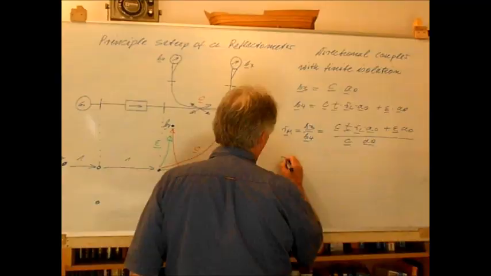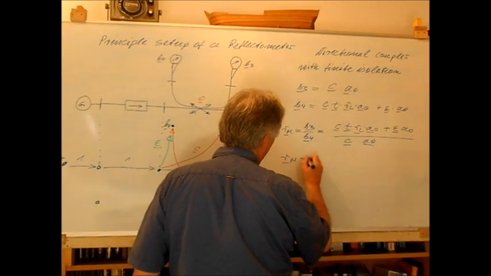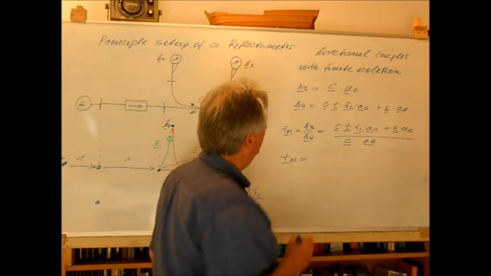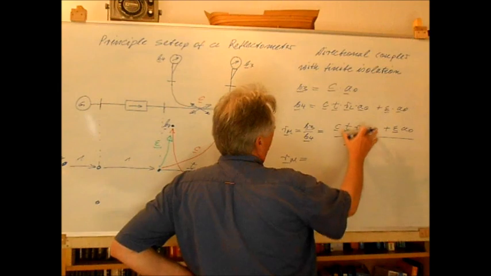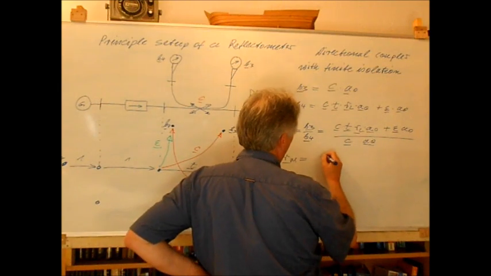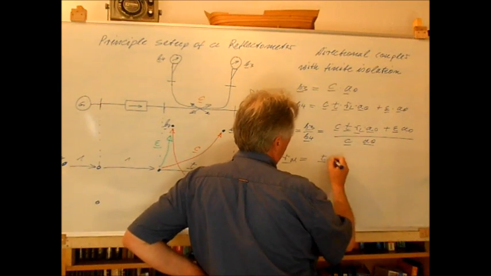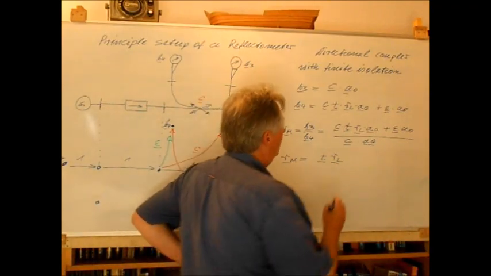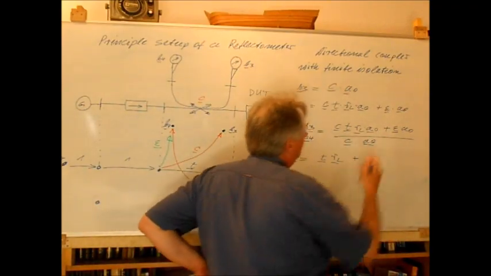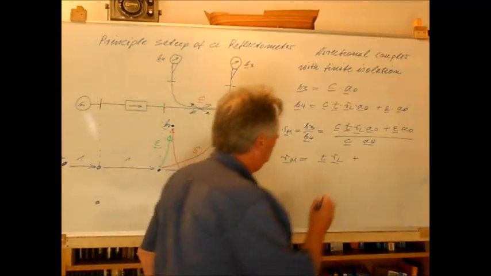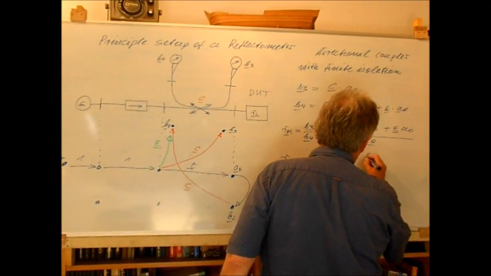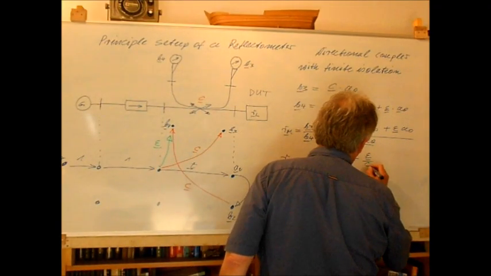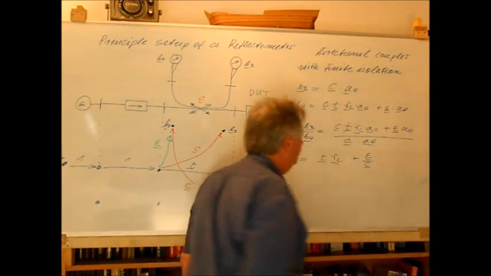So for the measured reflection coefficient, of course, this will cancel, so we will have our original term T times RL, but there will exist now an additional term epsilon divided by C, as A naught will cancel.